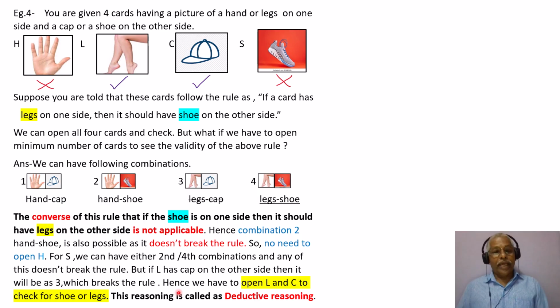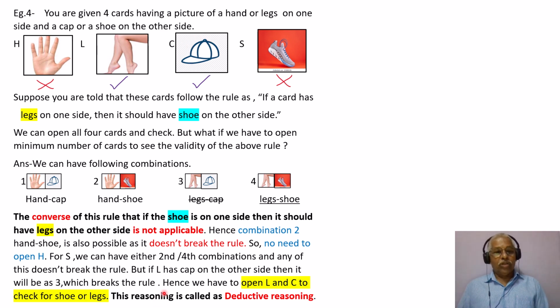Hence, of course, we have to see if this contains legs on that side, then it can break the rule. Hence, we have to open L and C to check for shoe and legs. If there is shoe and cap, and this hand or legs.